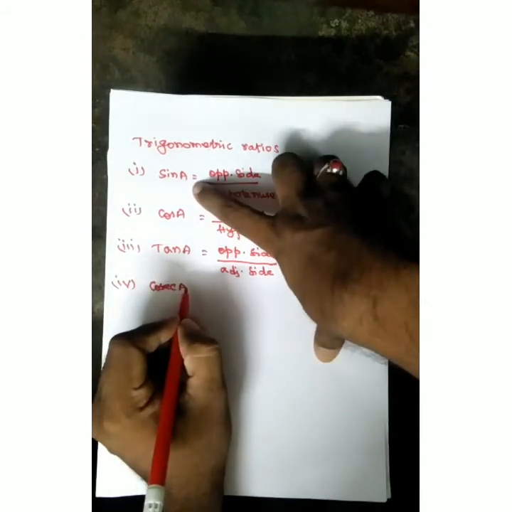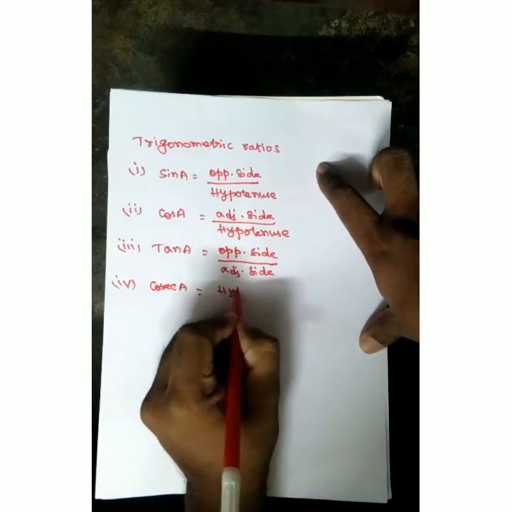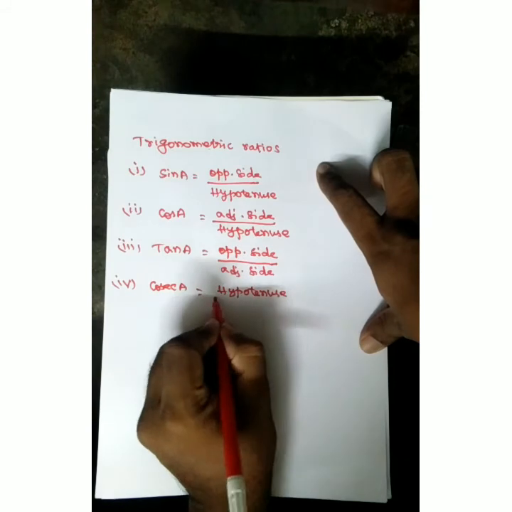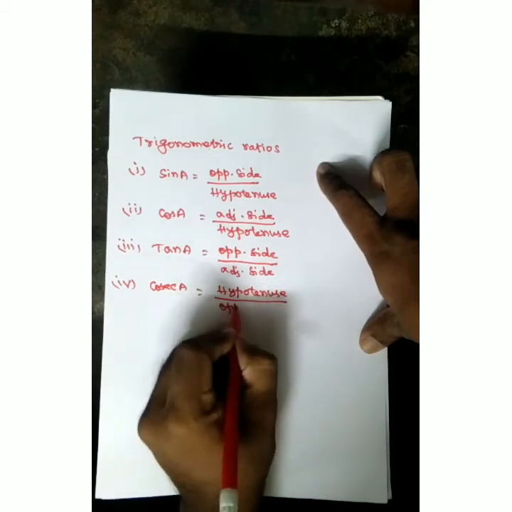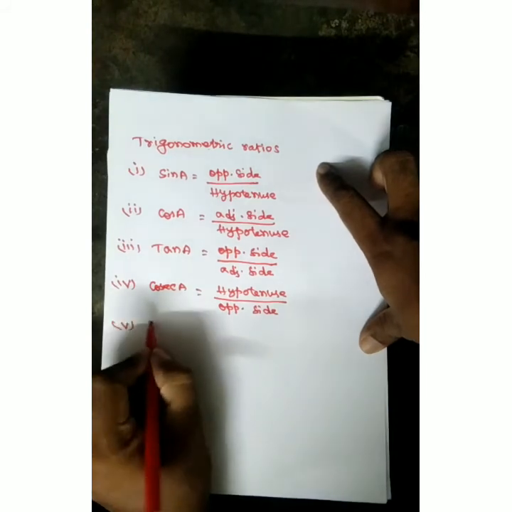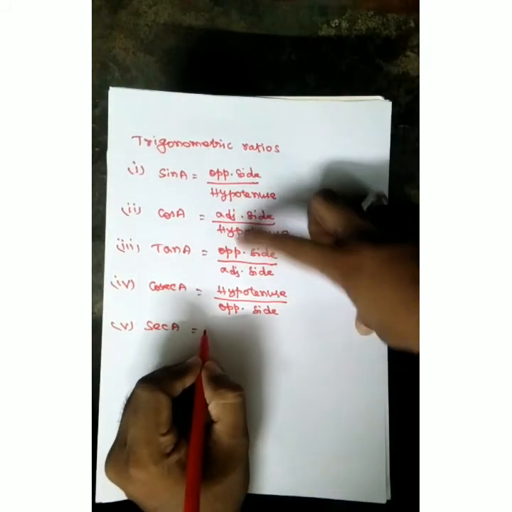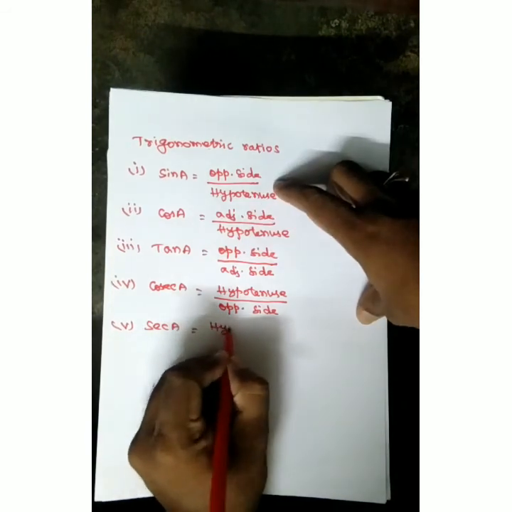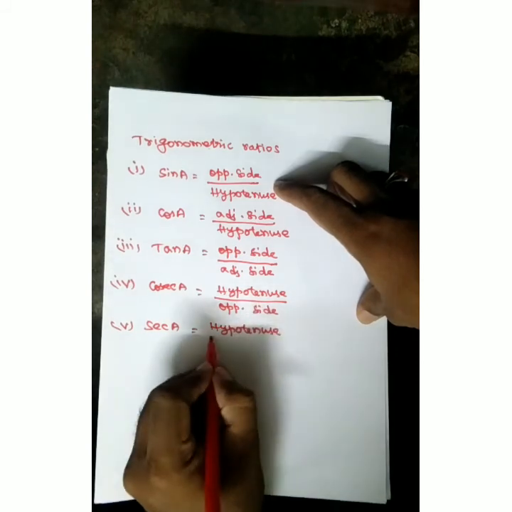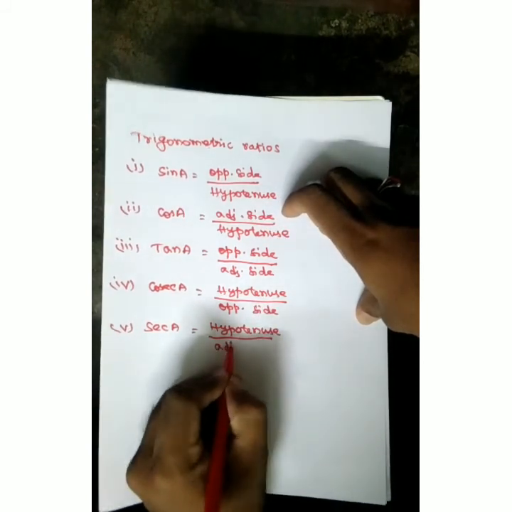Next, the fourth one, cosec A. Cosec A is the reciprocal of the first one, sine. That is hypotenuse by opposite side. The fifth one, secant, is the reciprocal of cos. Reverse it: hypotenuse by adjacent side.